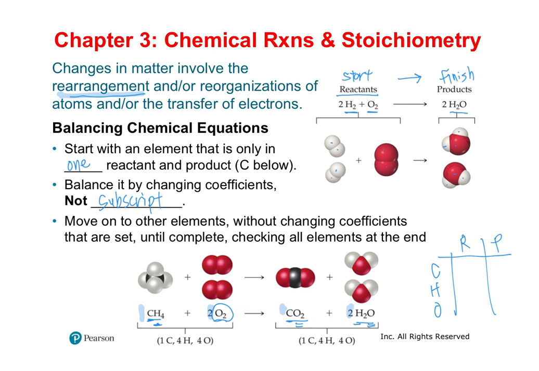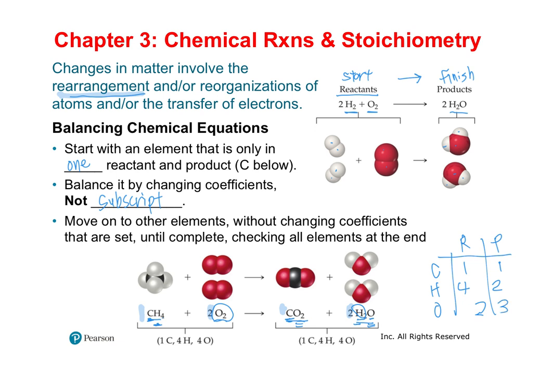So if we look at how it starts out, initially I have 1 carbon on the reactants and 1 carbon on the product. 4 hydrogens to start out with on my reactants. And initially I only had 2 in my products. Then oxygens, I had 2 oxygen atoms in my reactant, and I have 1, 2, 3. So 2 here and 1 here for my product. So I have 3 total here.